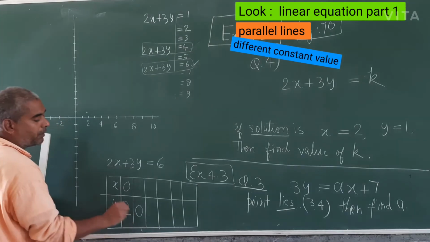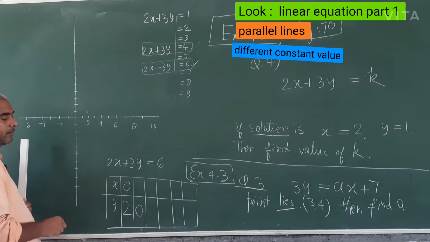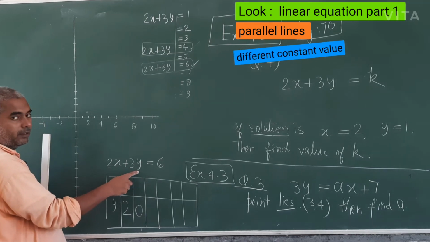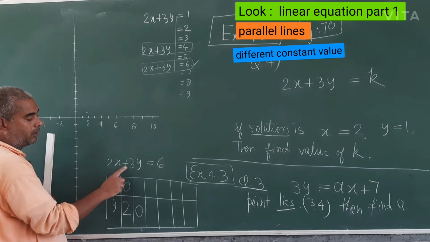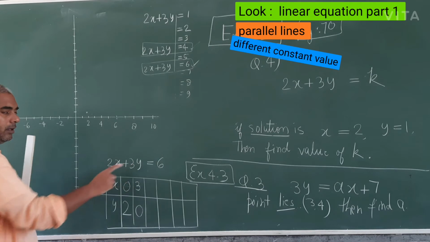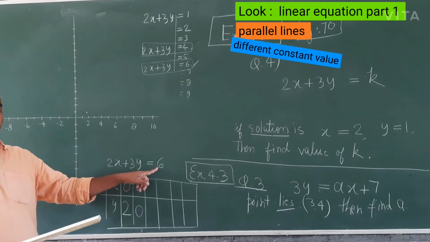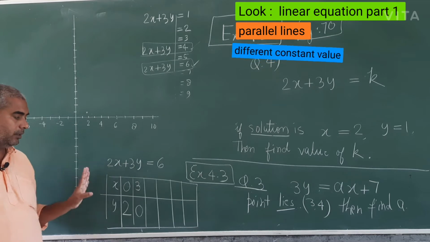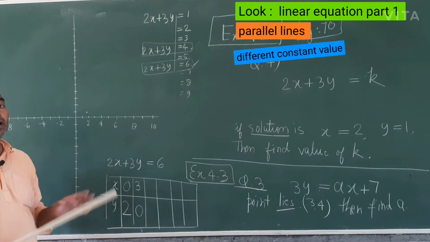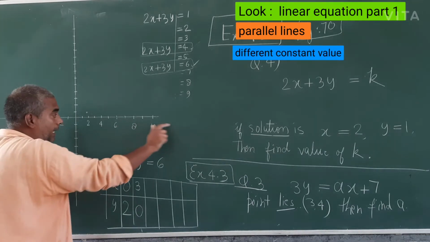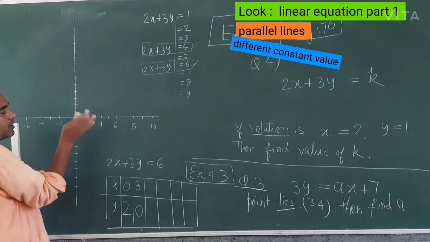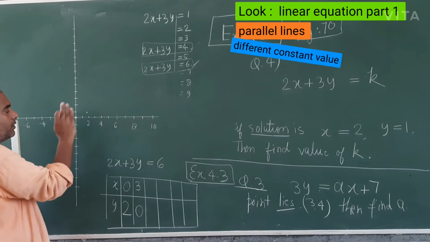You will solve this in your copy. Then put y is equal to 0: 3 into 0 is 0, 2x is equal to 6, so x equal to 3. As I told you in the first video, this is a line, with y to the power 1. Many points you can take, but the points where x equal to 0 and y is equal to 0 are the points on the axes. If x equal to 0, you don't need to go anywhere, you go only on the y axis.